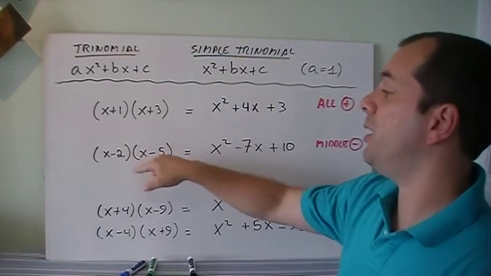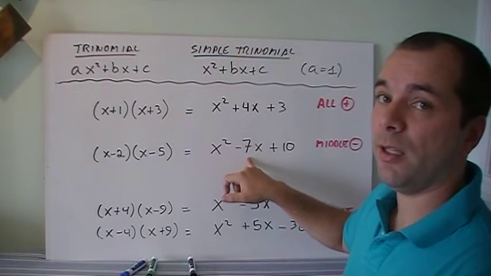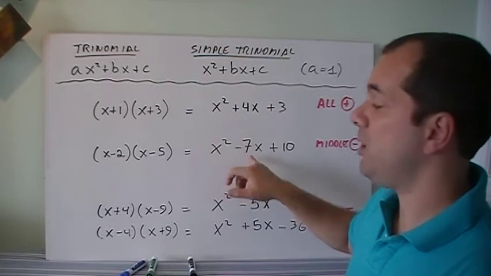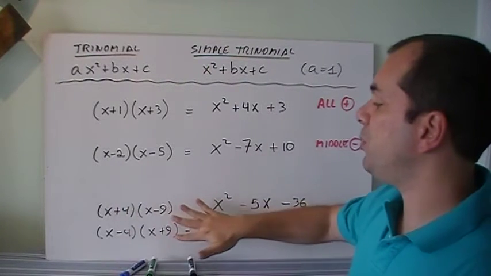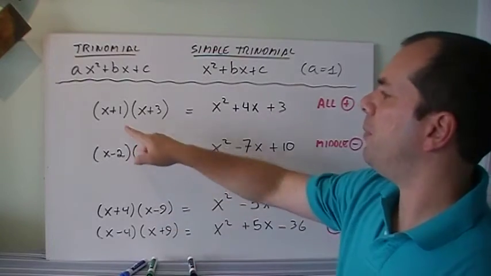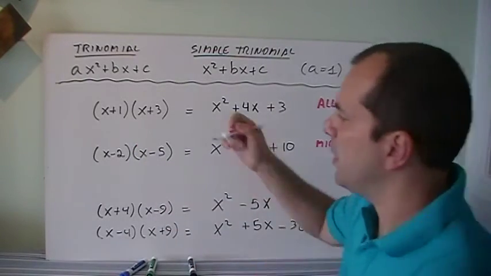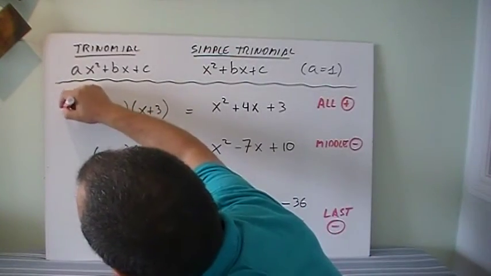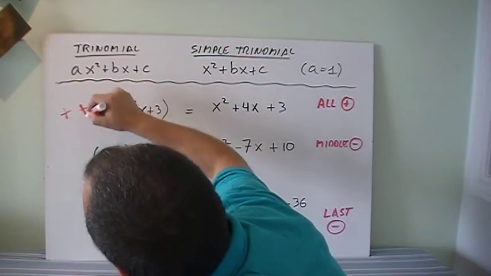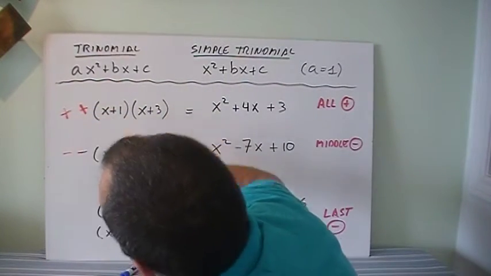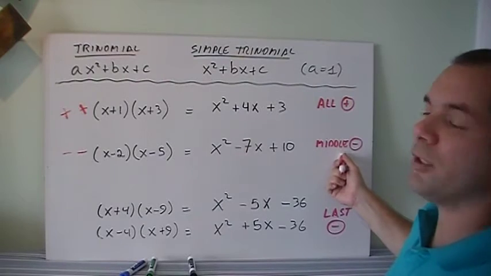And when I add two negative numbers, it gives me a negative number. Okay, so catch on to that. And for this one, what's common? Well, here I've got plus and plus. Let me write that. If I've got plus and plus, or if I've got minus and minus, then the middle number is going to be negative.